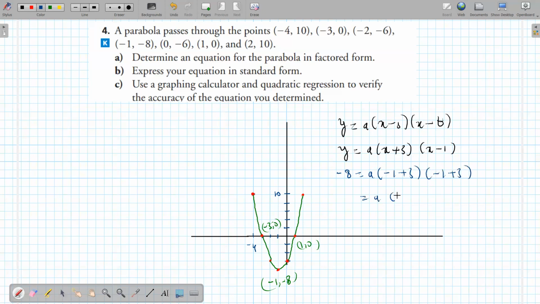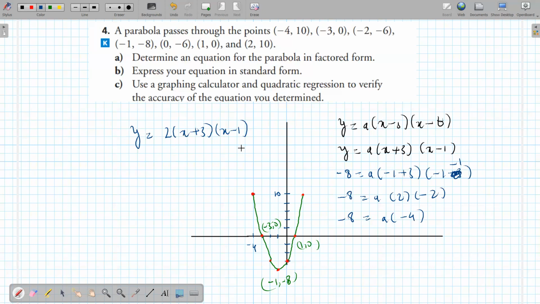So you get a times 2 times -2 equals -8. So you get a times -4 is -8. A is +2. So our equation, does it make sense that the a value is positive here? Should the a value be positive?